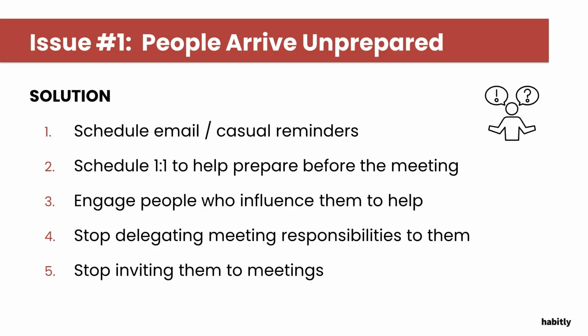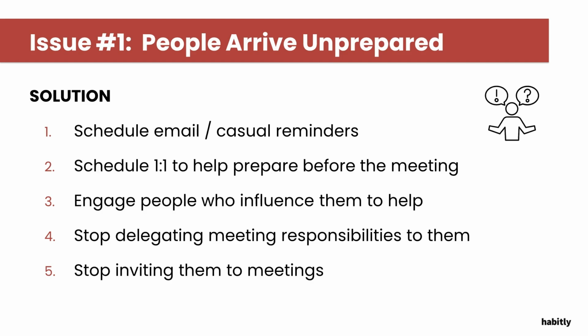If you've got people who arrive unprepared, or you think that might be a possibility, number one, schedule an email with casual reminders of what they need to do before the meeting. Number two, you might schedule a one-on-one to help them prepare for the meeting. Number three, engage other people who are influencers to help get these people prepared.